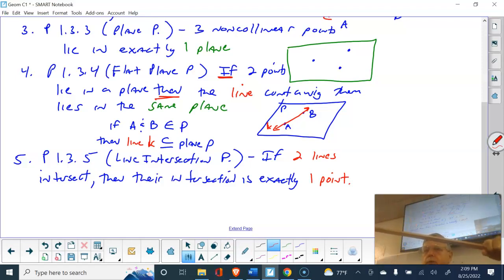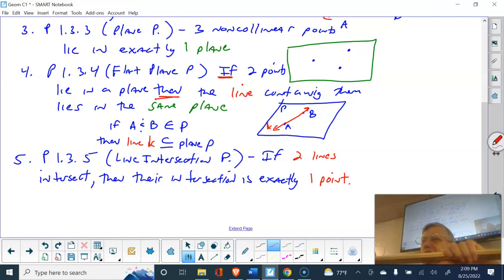So here's what we're not saying is possible. Do you remember in Algebra 2 how you could be consistent and dependent? Two lines that are the same line. In geometry, the same line is the same line, and therefore you only have one line, you don't have two. So in algebra, we can have two equations that produce two lines that are exactly the same line.